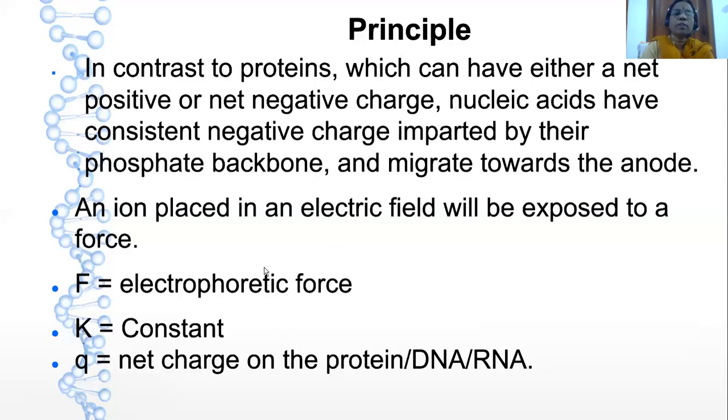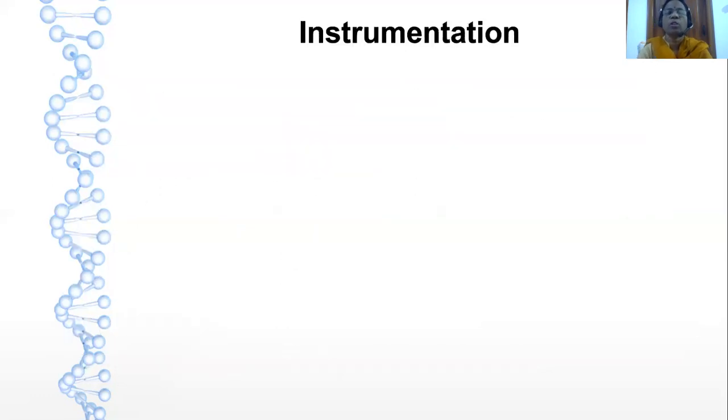There are three factors we need to consider: an ion placed in an electric field will be exposed to an electrophoretic force, it has a constant K, and Q will be the net charge of the protein, DNA, or RNA molecule which we intend to separate.